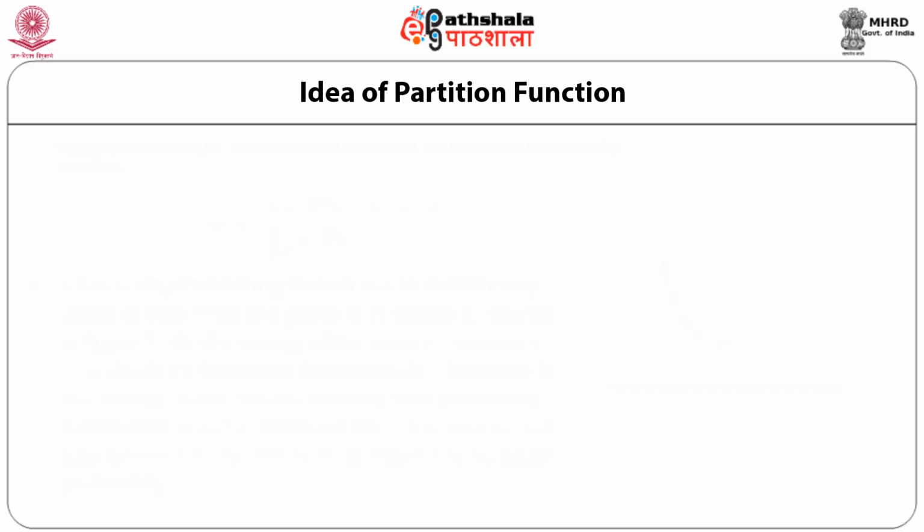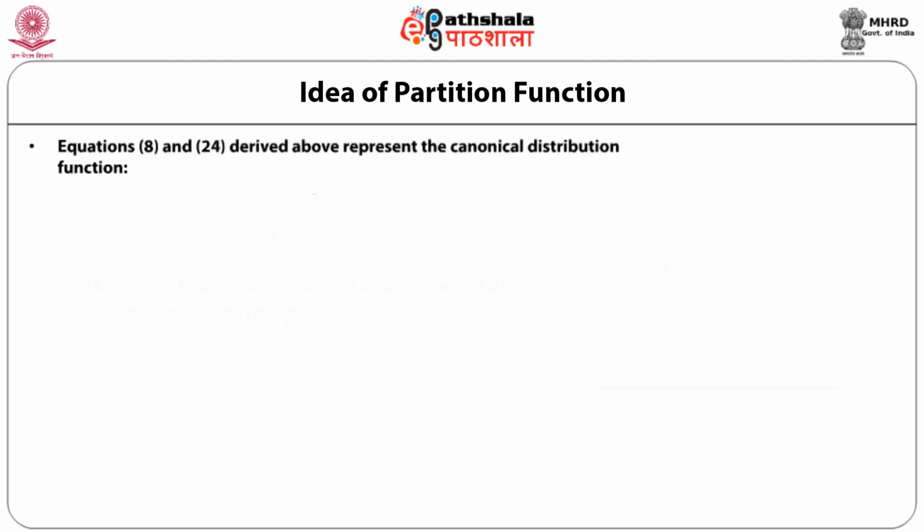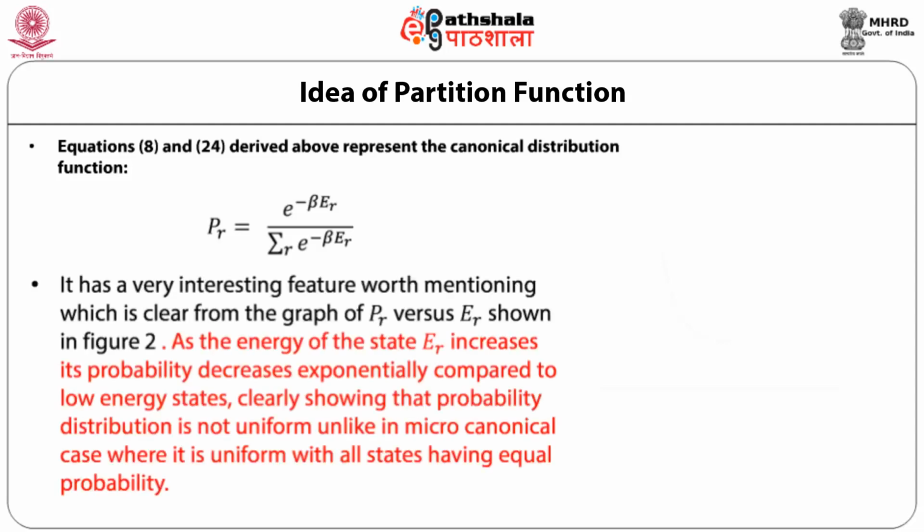Idea of partition function. Equations 8 and 24 derived above represent the canonical distribution function, PR is equal to e raised to power minus beta ER divided by the summation over R of e raised to power minus beta ER. It has a very interesting feature worth mentioning, which is clear from the graph of PR versus ER shown in figure 2.